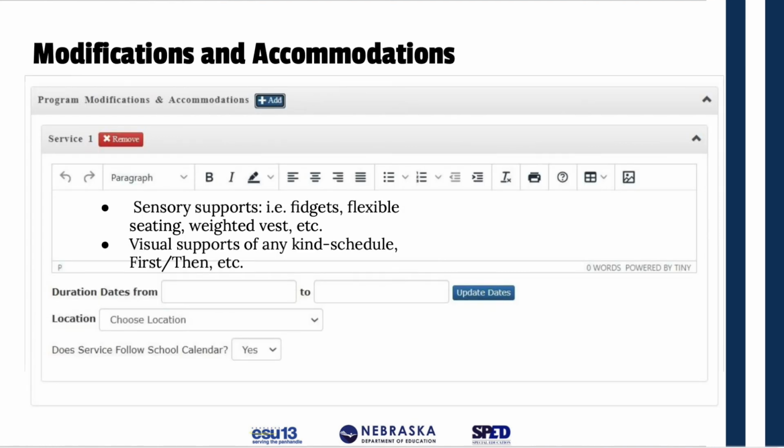Modifications and accommodations. So this area should include any modification or accommodation specific to this student. If it's available for every child, it does not have to go into this area.